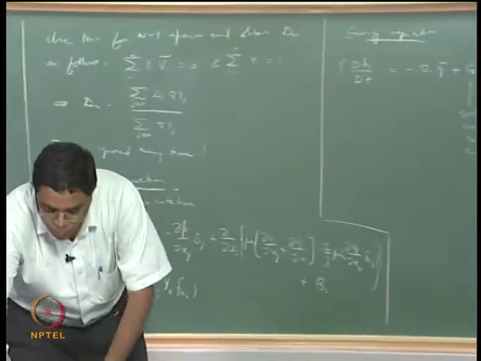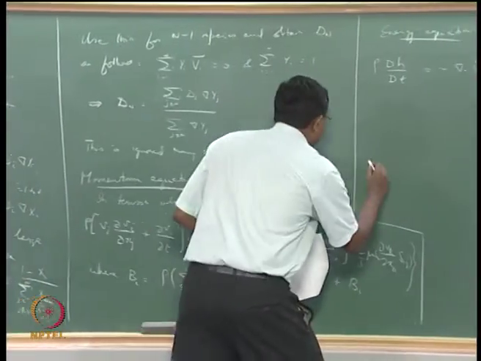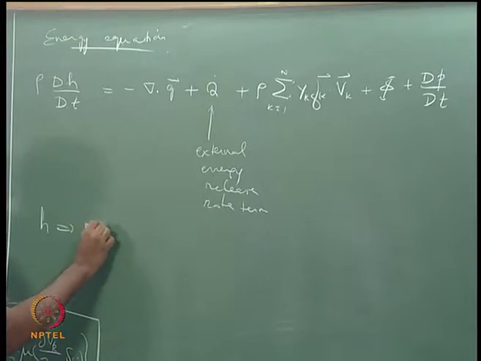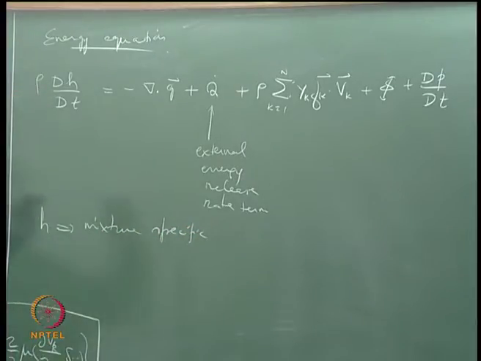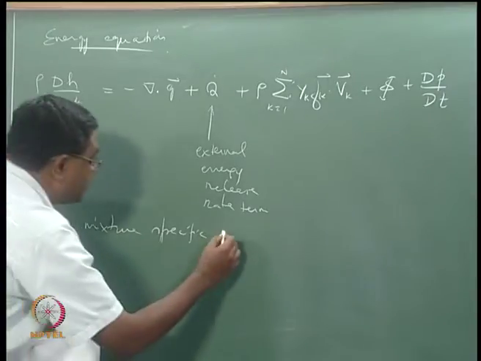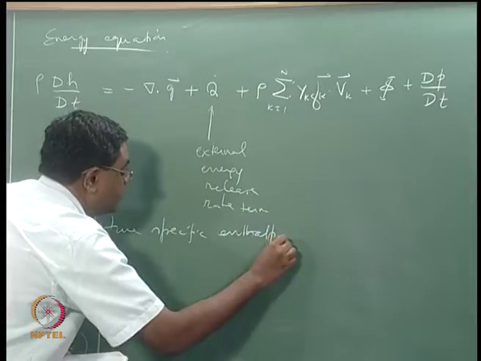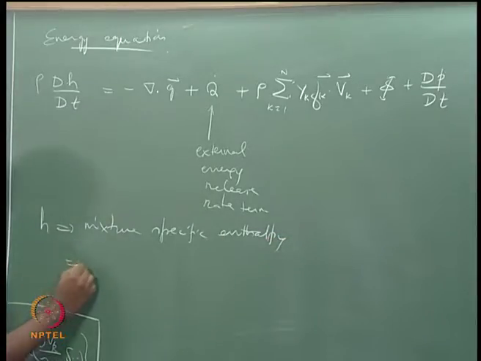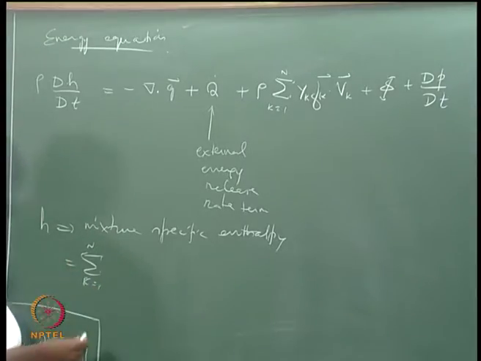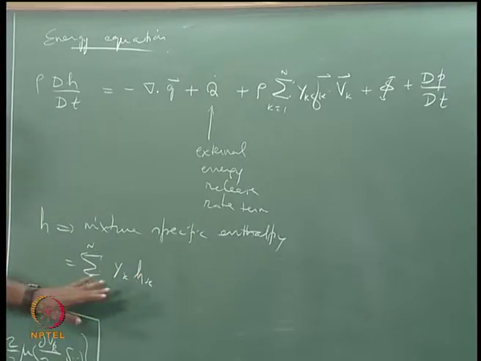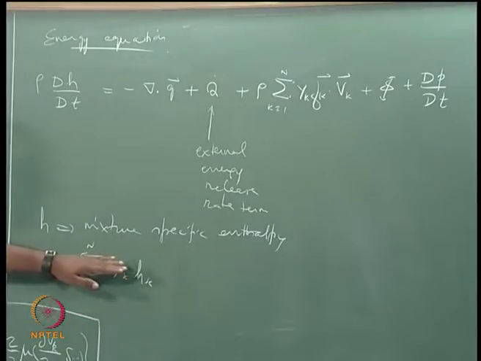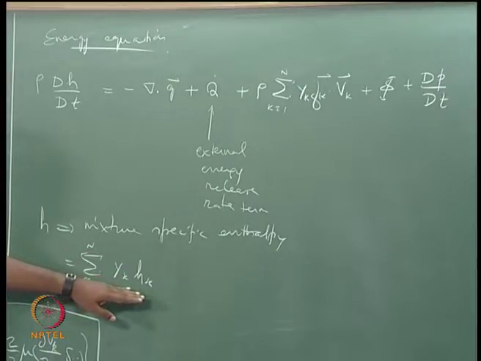The reason why we are multiplying by rho is that specific means per unit mass, okay, specific enthalpy, and that is given by H equals the sum over k, capital K equals 1 to n, of Y_k h_k, where Y_k is the mass fraction, still unknown in the system of equations, okay, but h_k is the specific enthalpy of species k.